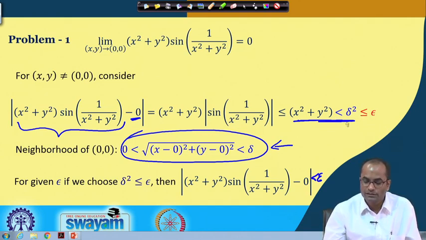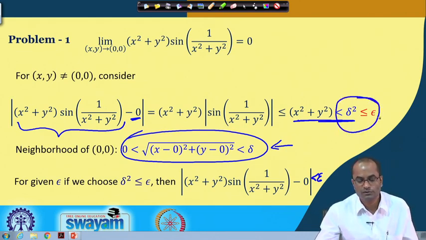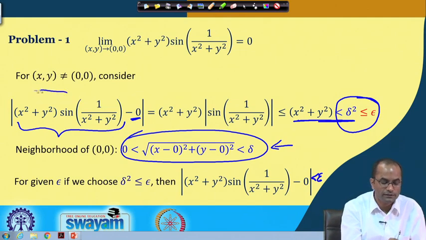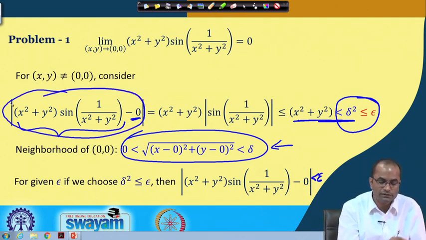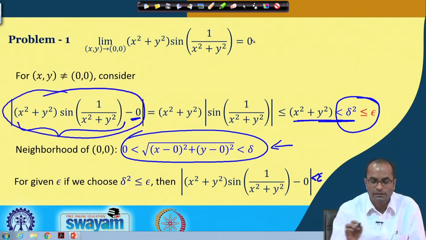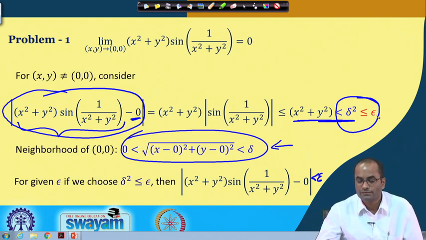And once we reach this delta, we can set that this must be less than or equal to epsilon, because we want to make the difference of the function and the limiting value less than epsilon. So, we can say that for a given epsilon there exists a delta. The relation is that delta square must be less than or equal to epsilon.